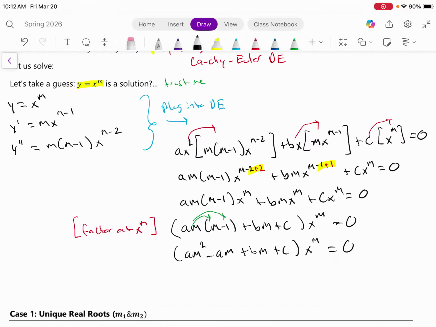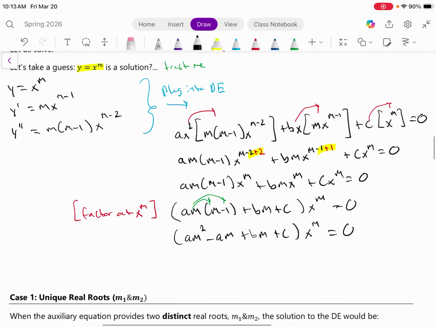Okay, so what do am and bm have in common? They have an m in common. So what I'll have is am squared plus b minus a times m plus c, all times x to the m equals 0.